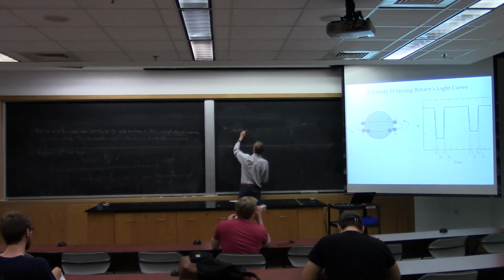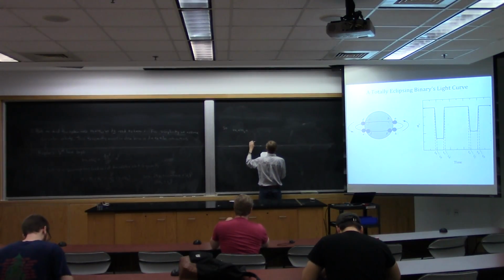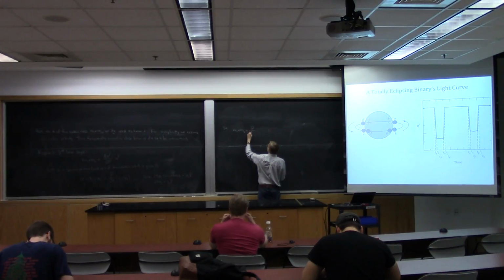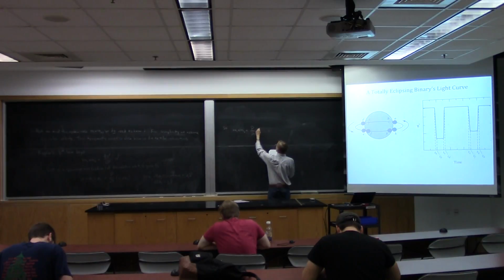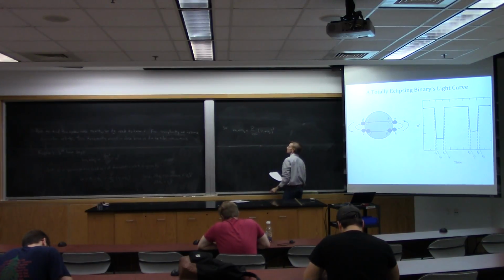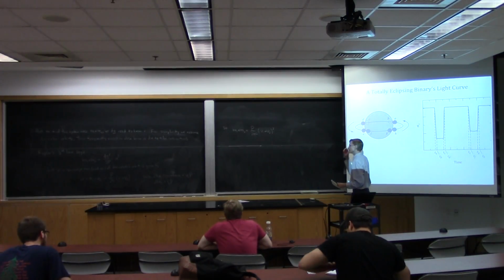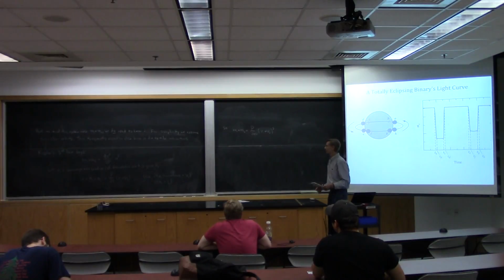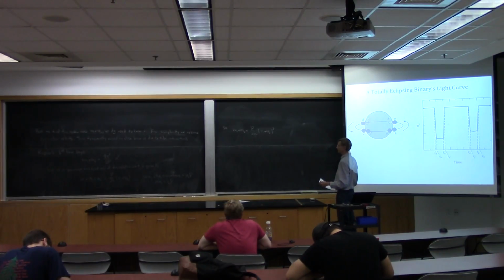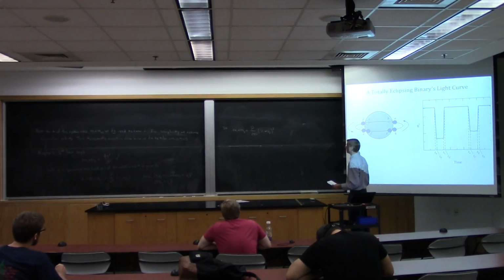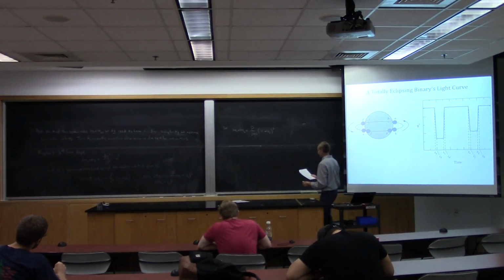So we can say that M1 plus M2 is equal to P over 2 pi G times V1 plus V2 cubed for our circular orbits here. Just plugging in for A cubed over there. A cubed would be, no, it's the P cubed, wouldn't it?